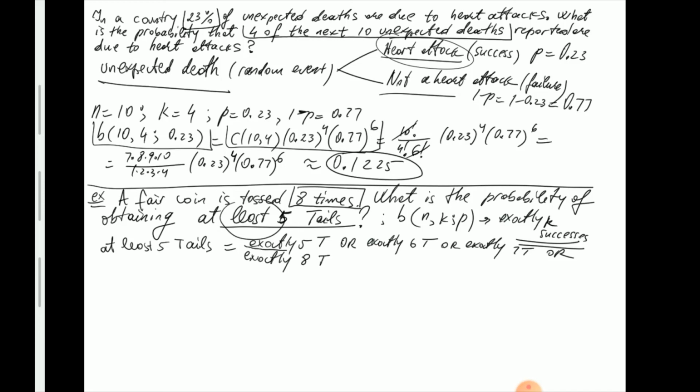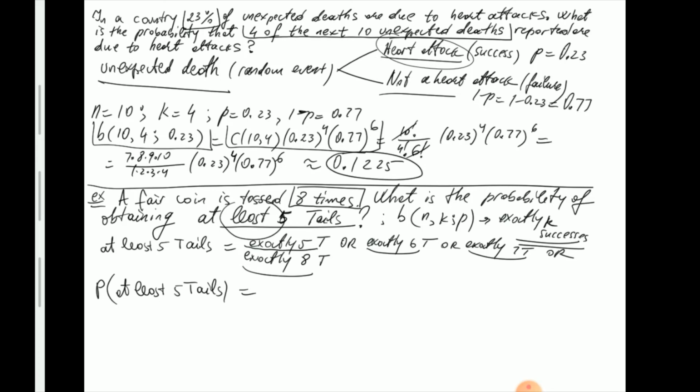These are all mutually exclusive, which means when we compute the probability of at least 5 tails, we simply add the probabilities of each of these mutually exclusive events. Remember, the probability of the union of mutually exclusive events is the sum of the probabilities.